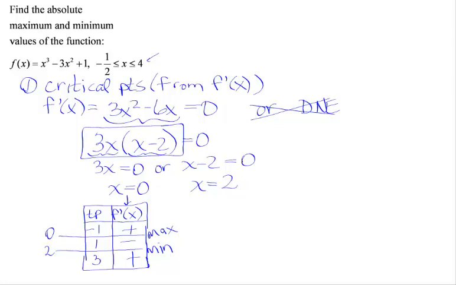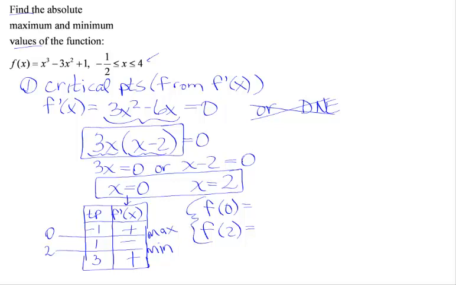The first derivative test has identified not only where we have extreme values, but what type of extreme values we have. So we're going to evaluate our function at those two critical points, because it says find those extreme values of the function. I am using the derivative to identify where that might occur. But just knowing where these extreme values might occur doesn't give me the extreme values themselves.